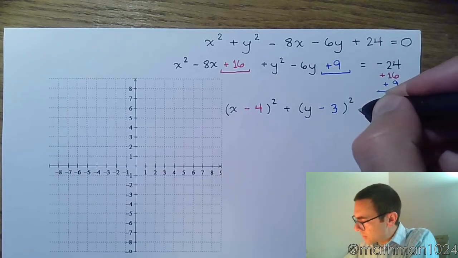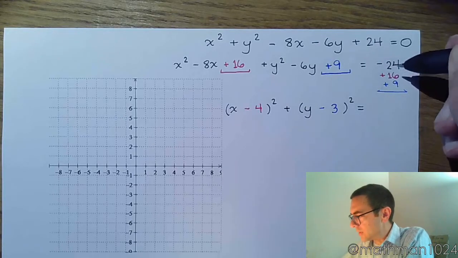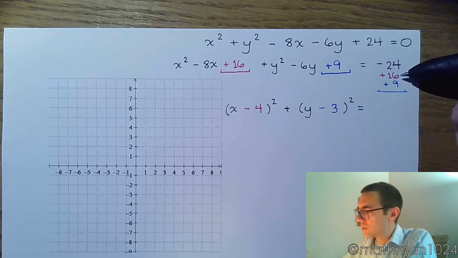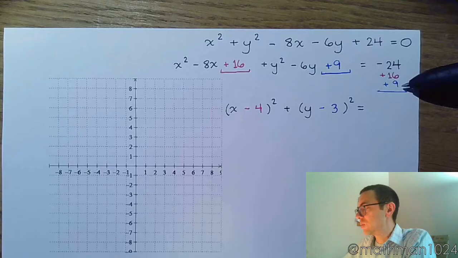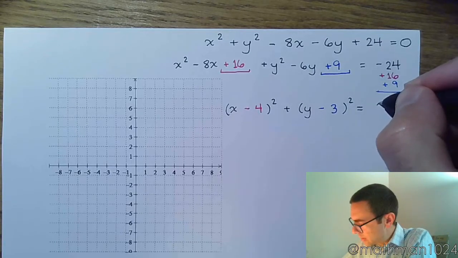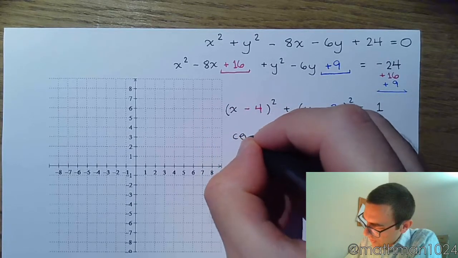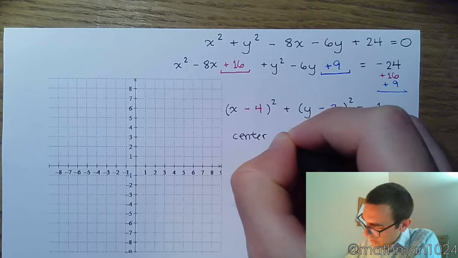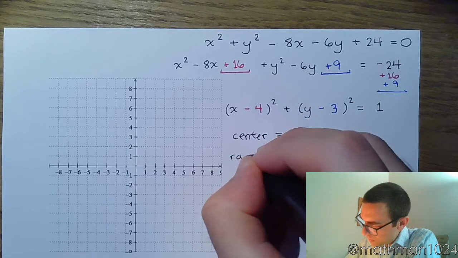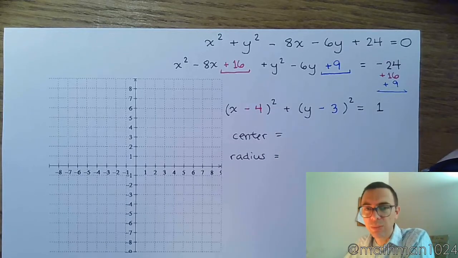All right, so everything is factored nicely and neatly on the left. On the right side, we need to combine all of this. Let's add the positives. So 16 and 9 is 25. 25 minus 24 is 1. And now that this is in center radius form, we can easily pick off the center and pick off the radius so that the graph is pretty simple, right?